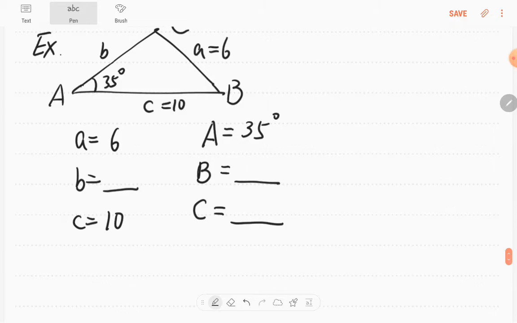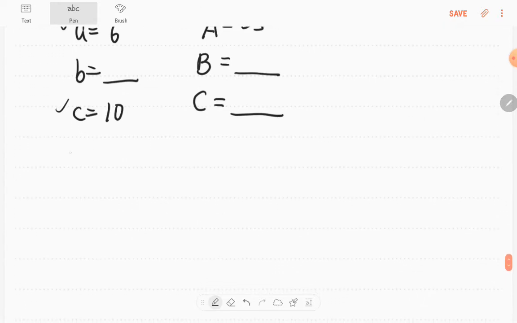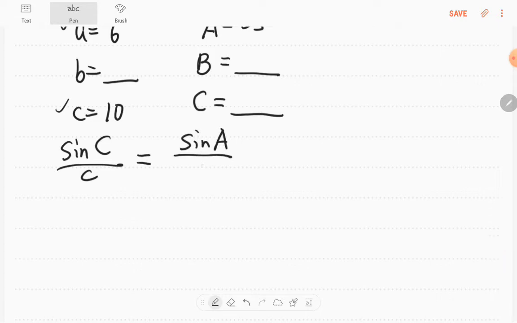Okay. So since we have this pair and this side C, we can use the law of sines. So sine C over C is equal to sine A over A, right?